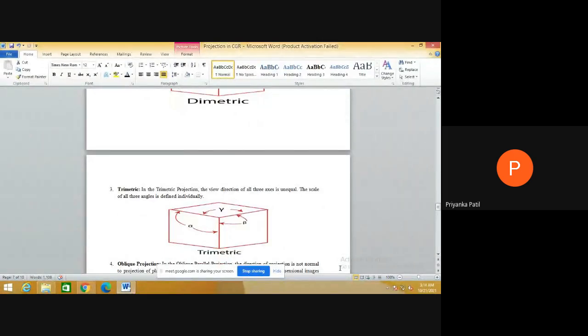And the next one is the trimetric, in which all three principal axes are unequal, means every axis has a different, individually defined angle.